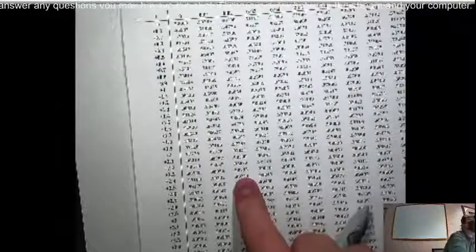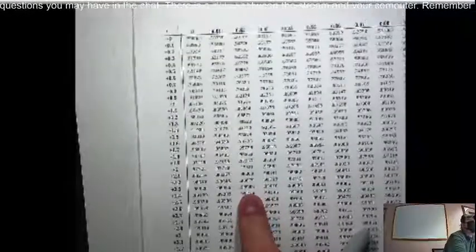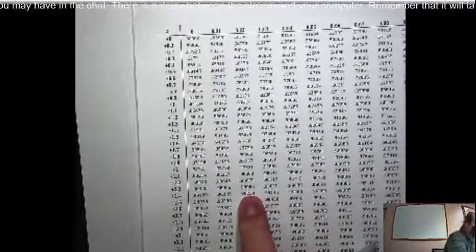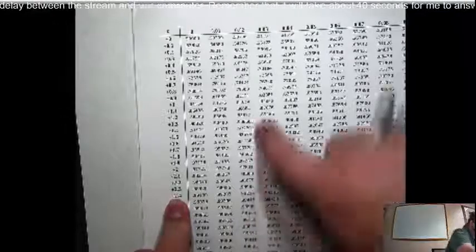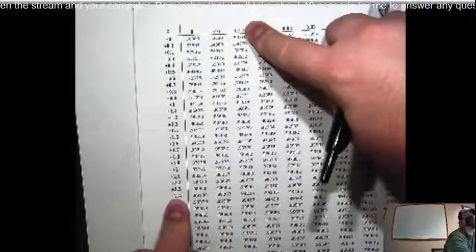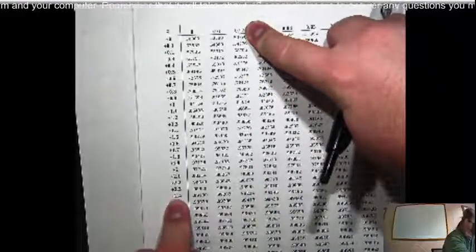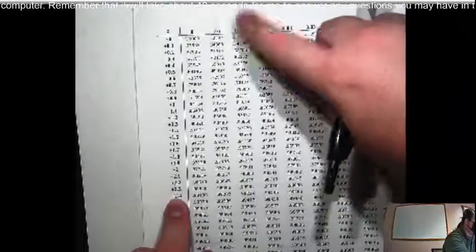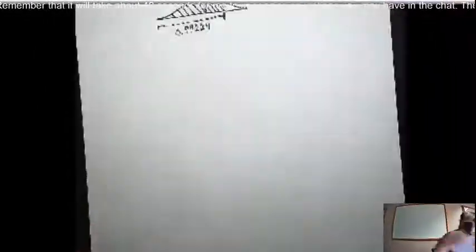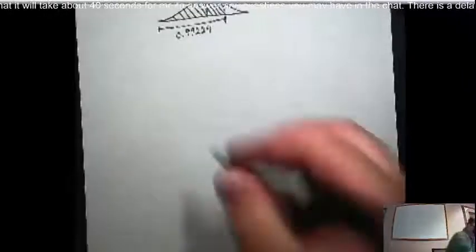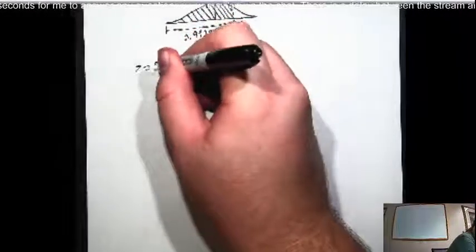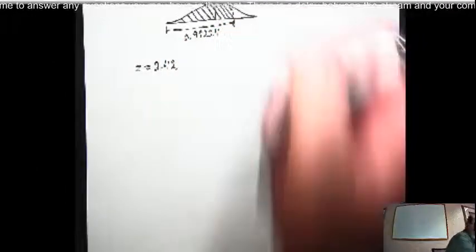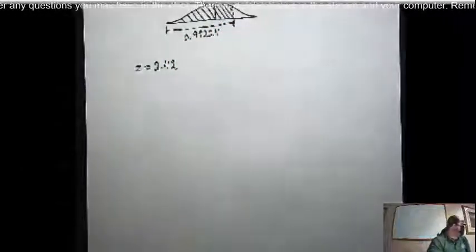There it is. Now that we know where that is, we can look up our z-score. The first two digits are 2.4, and then the next digit is 2. So altogether, this is 2.42. Makes sense so far?